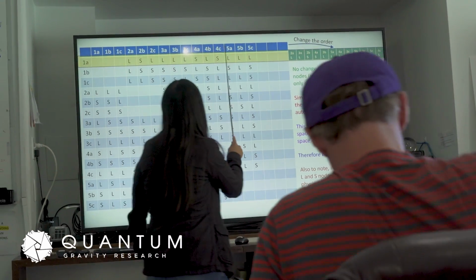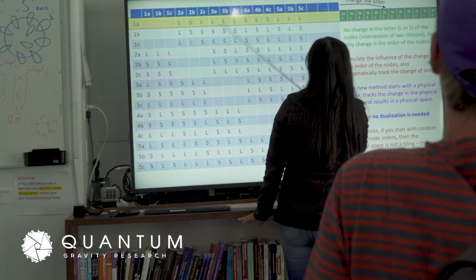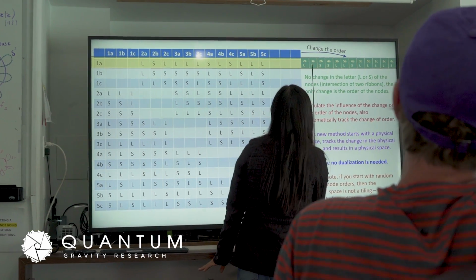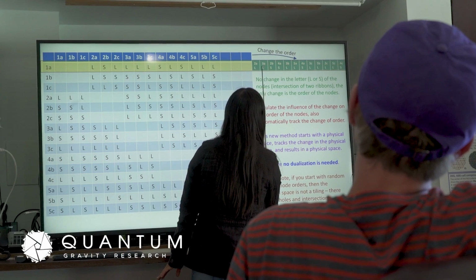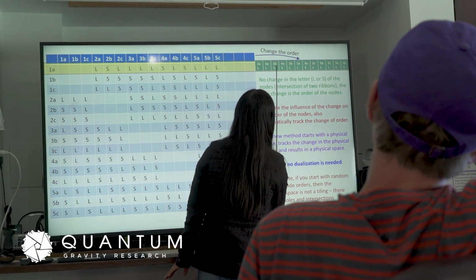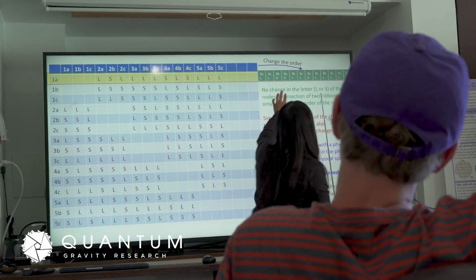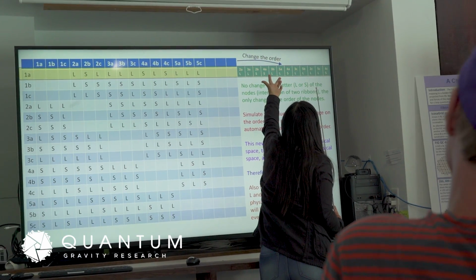Okay, so what changes is, instead of 2A, 2B, 2C, after 2A you have 2A, 3A, and 2B, and 4A, different orders. You could move 5A before 5B, before 3B, or some order change like this.